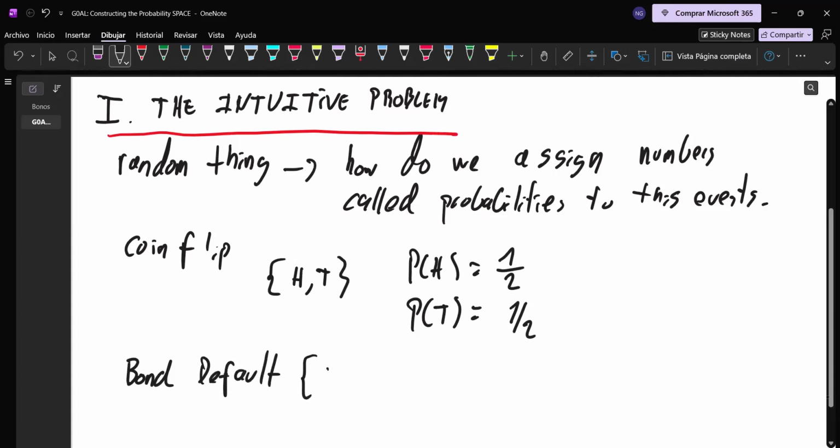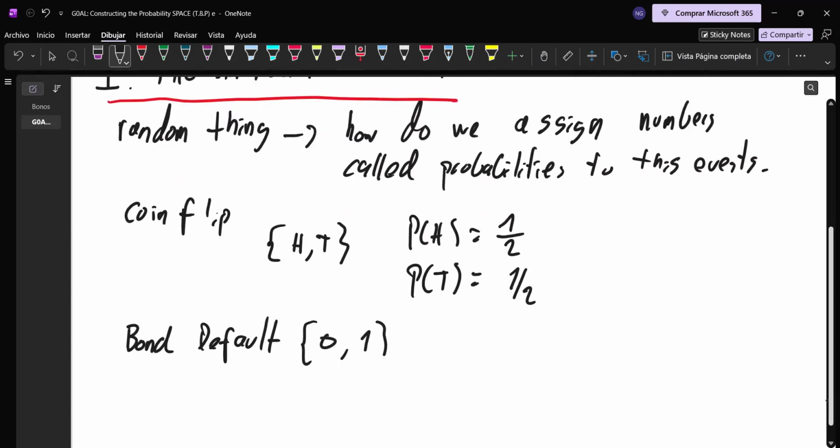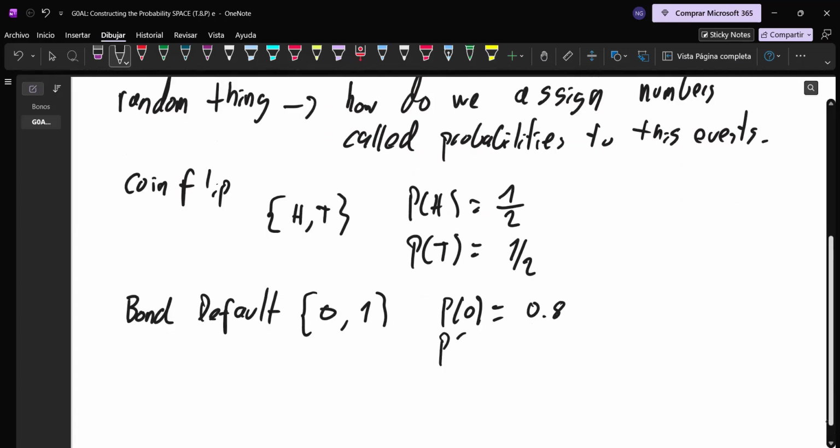I say 0 is default, 1 is no default, and what is the probability of this? The probability of default is something like 0.8, and the probability of not default is 0.2. Also, the sum of these probabilities is 1. This is a very important thing. We see this later. But why can I do this?